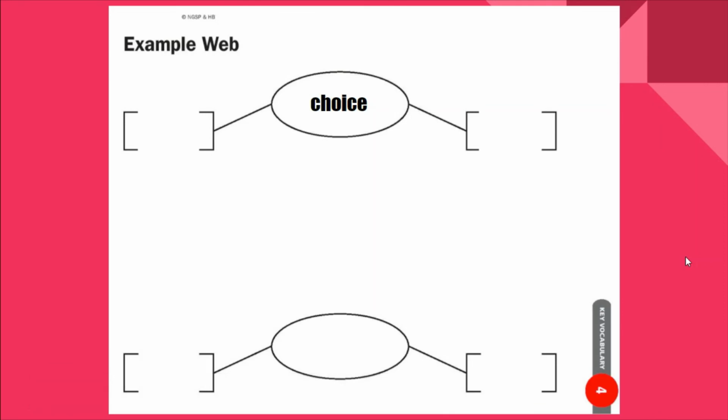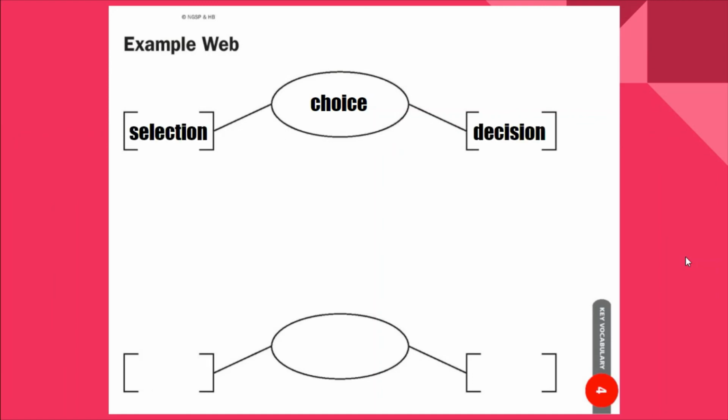Okay, so there we go. Choice was my first one. So that's the one that I'm going to be using as an example. So you're going to enter the vocabulary word right there. Okay. And then you're going to give us two synonyms to go with it. Now, if you decide to do an antonym, you need to let us know. But anyways, we're asking for synonyms. Okay.